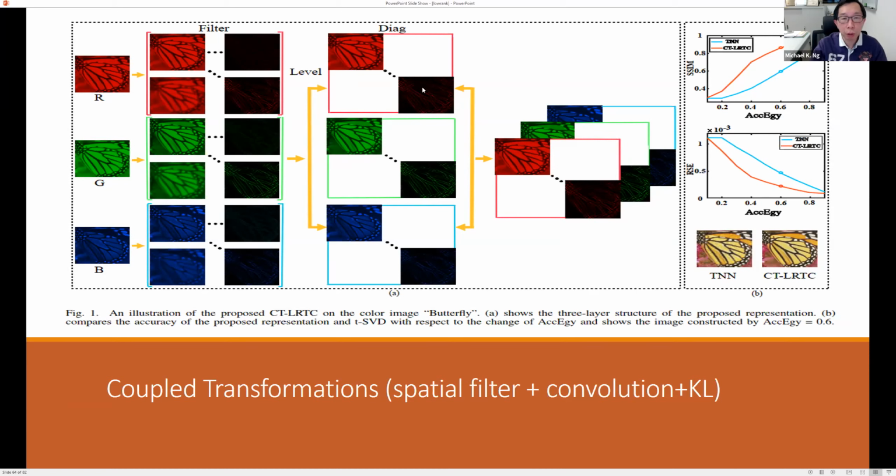So you will have many slices on the red channel, and then because there are green, you apply the same filter, and you align it again, so you will have a bigger RGB. Because of this, you can still apply this Tensor SVD on this bigger one. So here is the meaning of the coupled transformation.